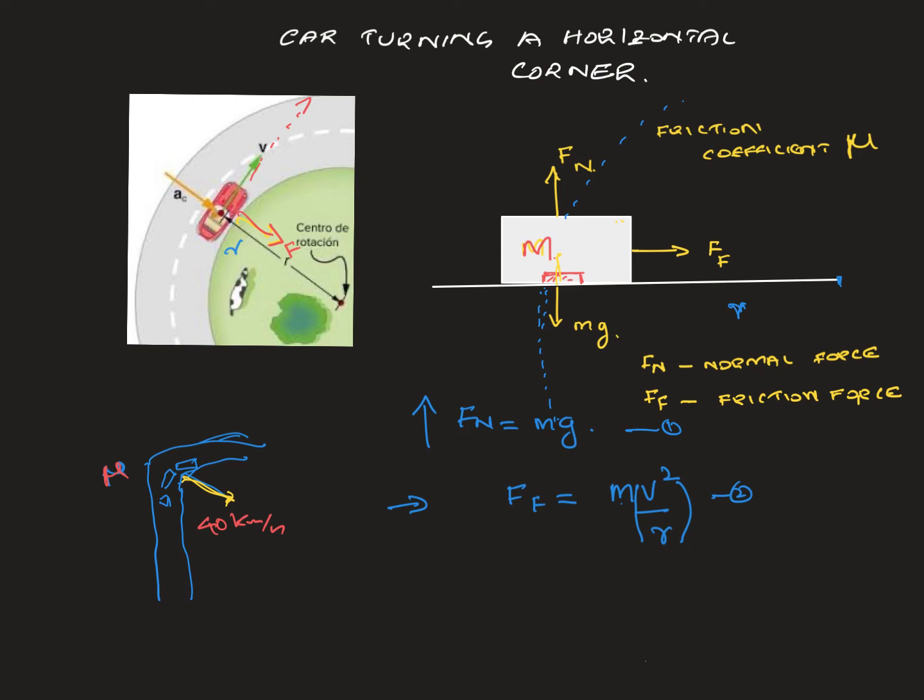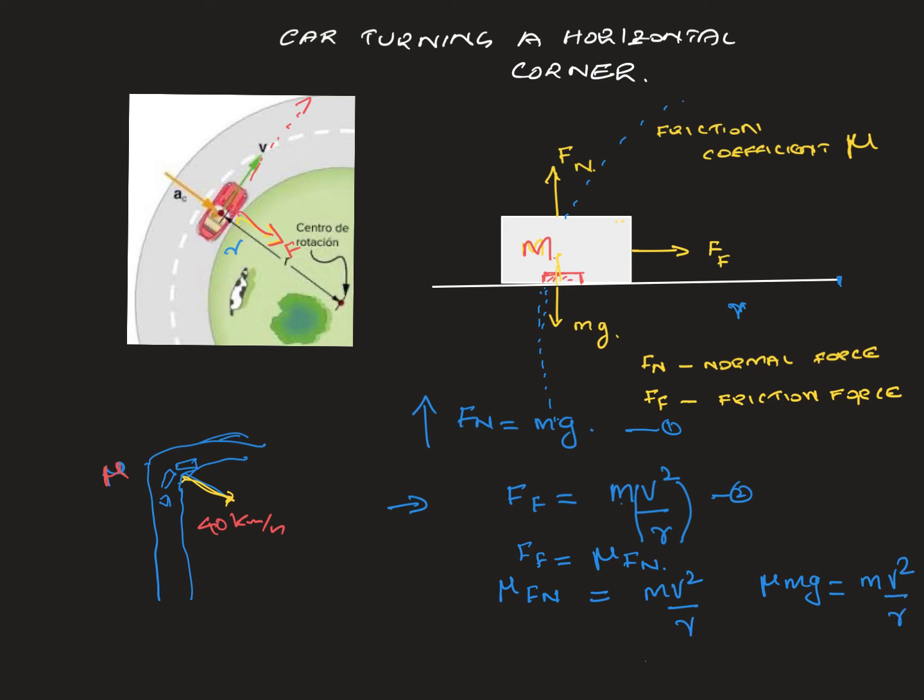But we know that the friction force is equal to mu, which is the friction coefficient, times Fn. So then we can write mu Fn is equal to mv squared over r. So what's Fn from equation 1? Fn is equal to mg. So that means mu mg is equal to mv squared over r.